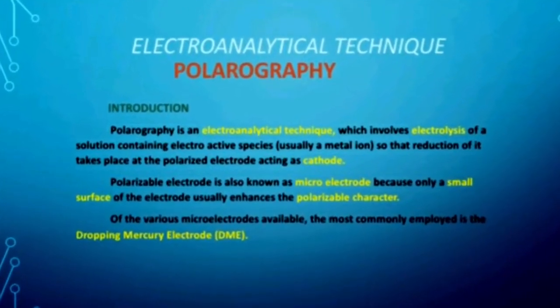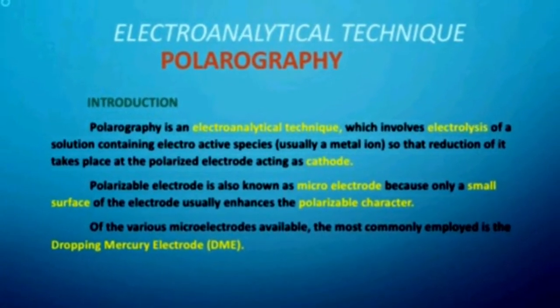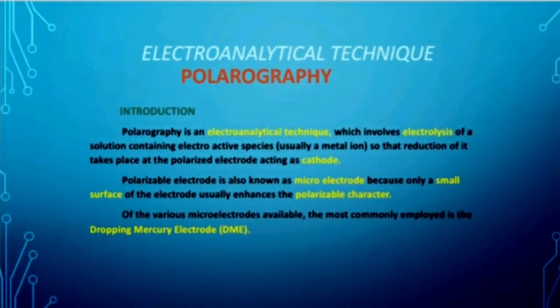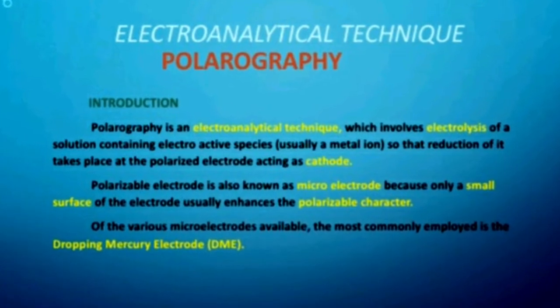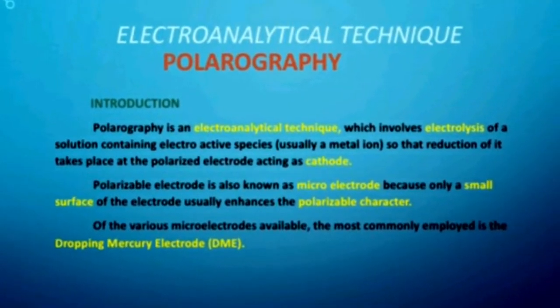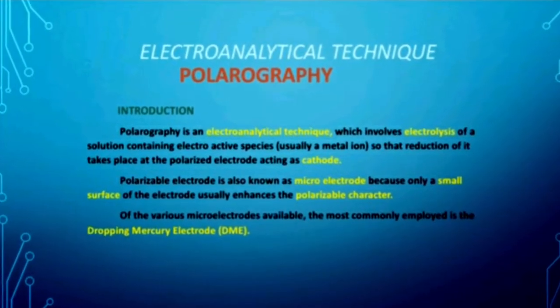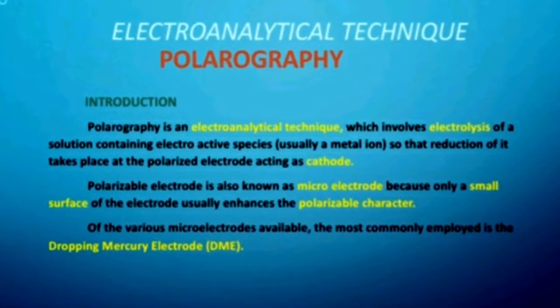So we said that this process involves electrolysis, which stands for electro in the term. And analytical means some sort of analysis is in progress in this particular technique. Thus, we come to a conclusion that polarography is a combination of two processes, namely electrolysis and analysis.